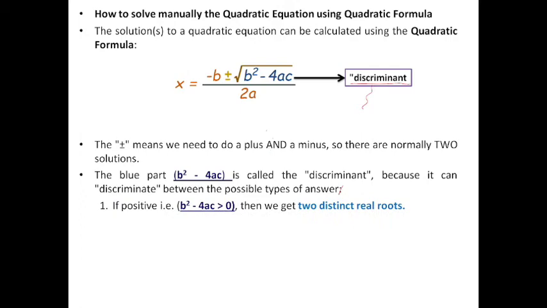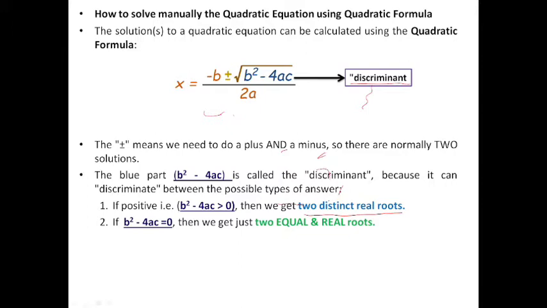Suppose the discriminant value, that is b square minus 4ac, is positive, then we get two distinct real roots. Then we compute the roots using this formula. And if b square minus 4ac is equal to 0, then just two equal real roots are possible.